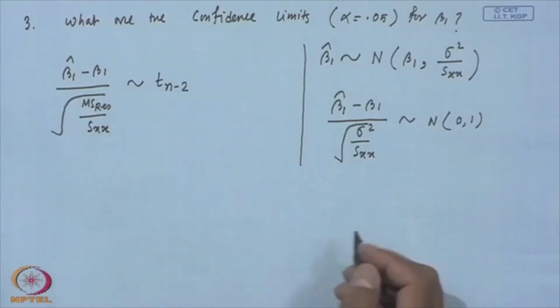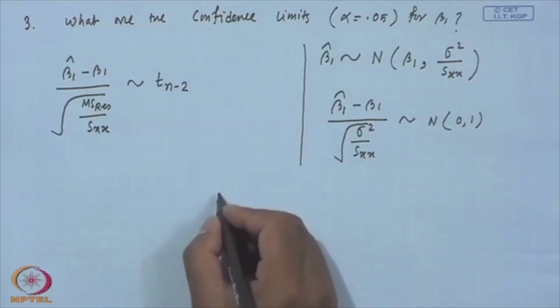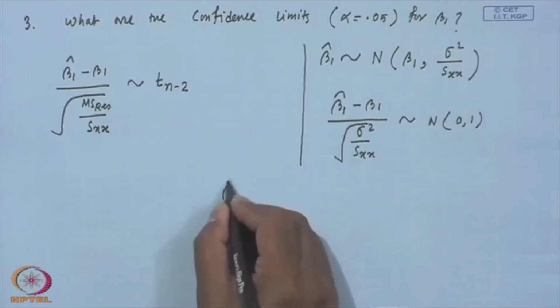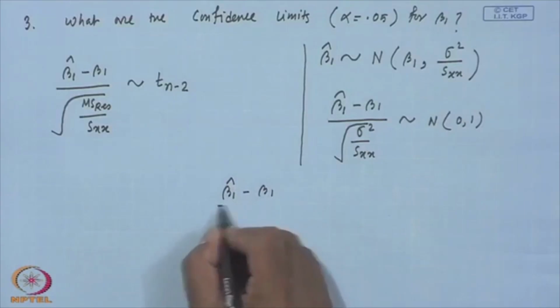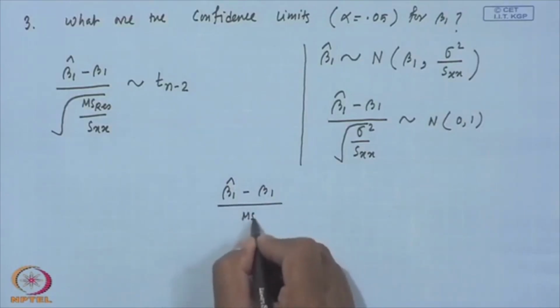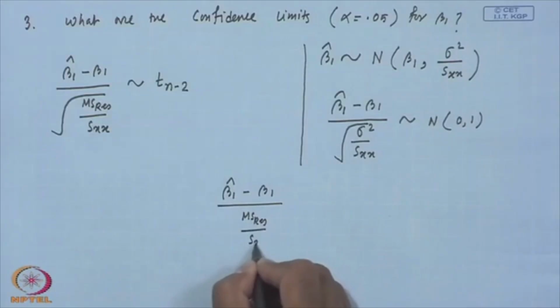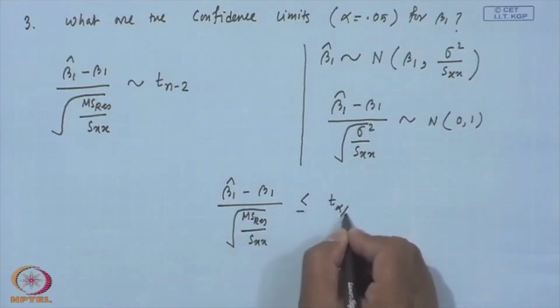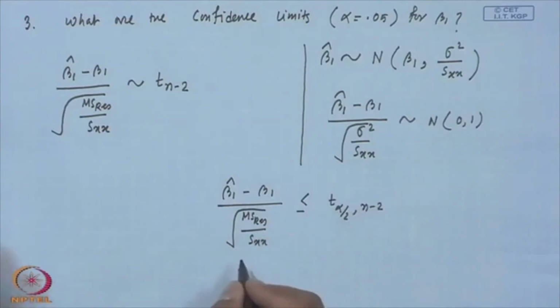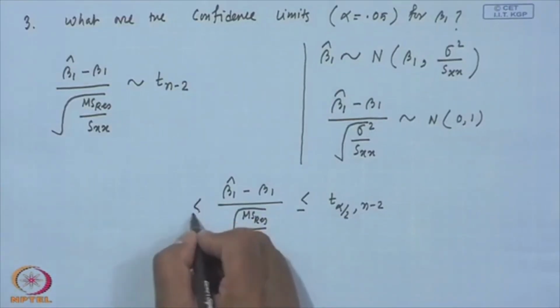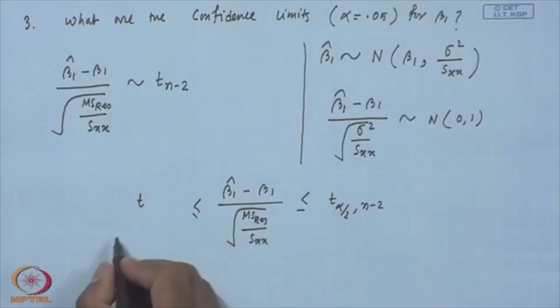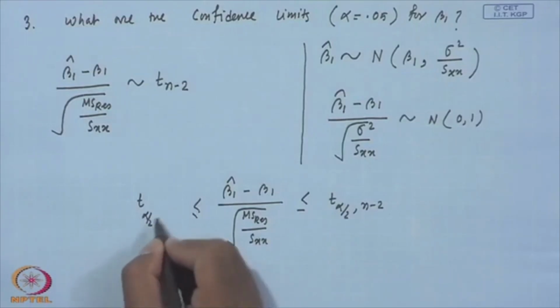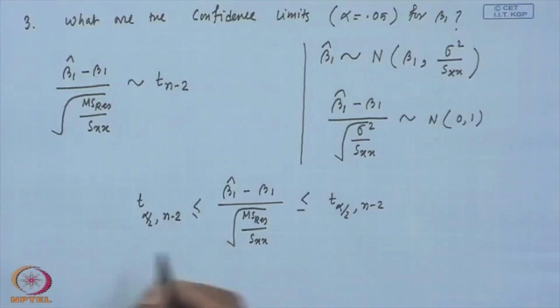And from here I can say that (beta 1 hat minus beta 1) by square root of MS residual by S x x is less than or equal to t alpha by 2, n minus 2, and greater than minus t alpha by 2, n minus 2 degree of freedom.